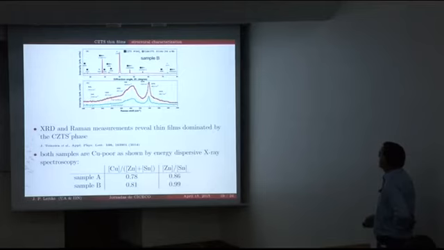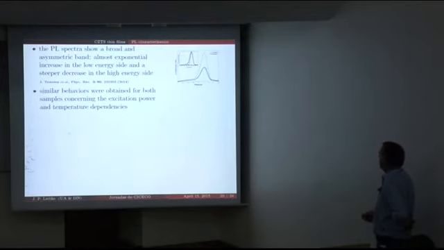The characterization of the samples shows that we have mainly the CZTS phase and we have copper-poor thin films. Concerning the PL, we observed a broad and asymmetric band.